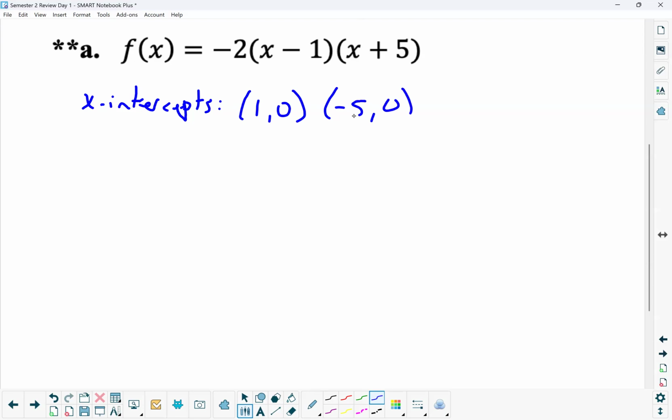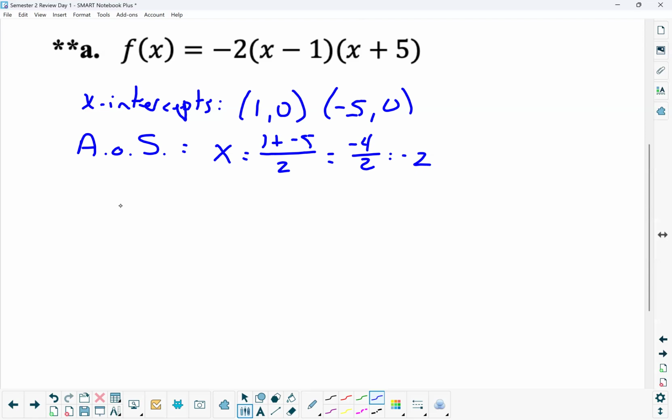Negative 5, 0. Knowing the x-intercepts, my axis of symmetry is x equals my x-intercept plus my x-intercept divided by 2. So 1 plus negative 5 is negative 4, divided by 2 is negative 2.